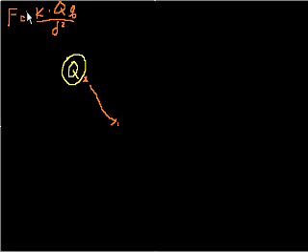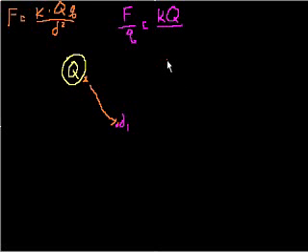So we can take this equation up here and divide both sides by this small q, and say the force per charge at this point, let's call that D1, is equal to Coulomb's constant times the charge of the particle that's creating the field divided by, in this case, D1 squared.